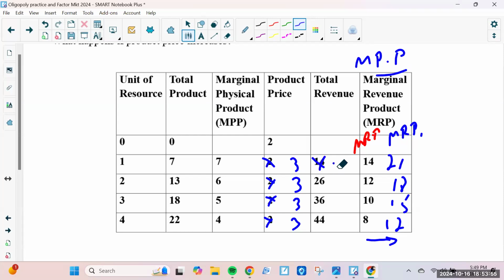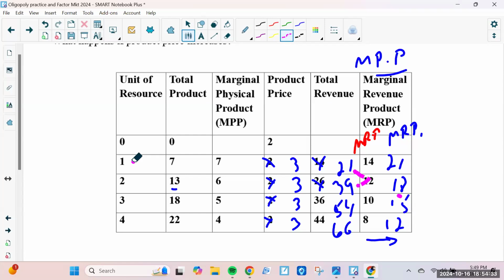No, total revenue, I'm sorry. 7 times 3 is 21. 13 times 3 is 39. 18 times 3 is 54. And 22 times 3 is 66. So the other way of doing this, we could have done the change in total revenue: 39 minus 21 is 18, divided by 2 minus 1.